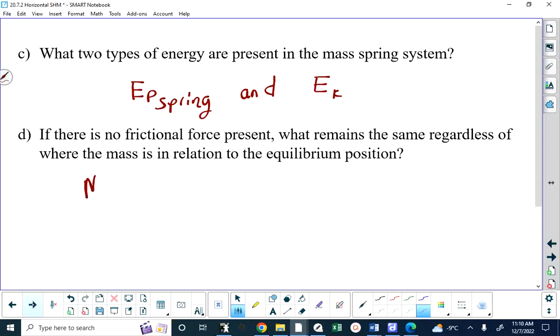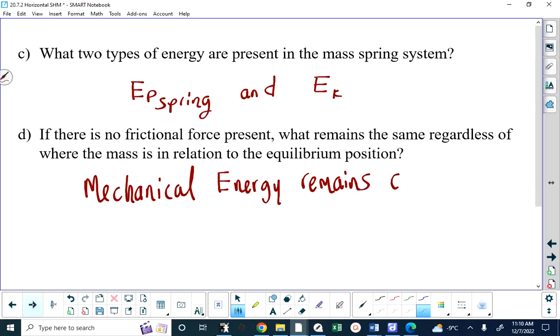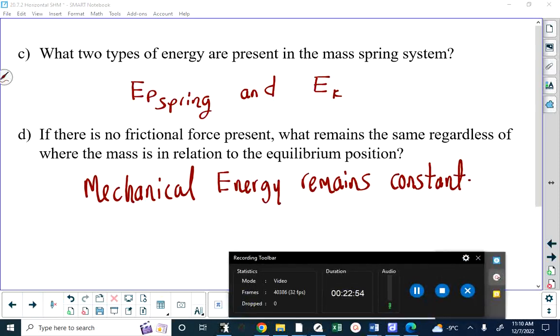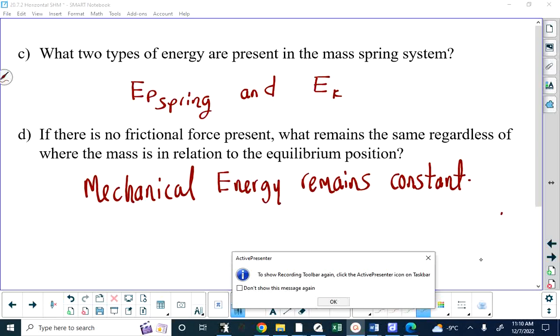The mechanical energy remains constant. And what that means is that mechanical energy is conserved.